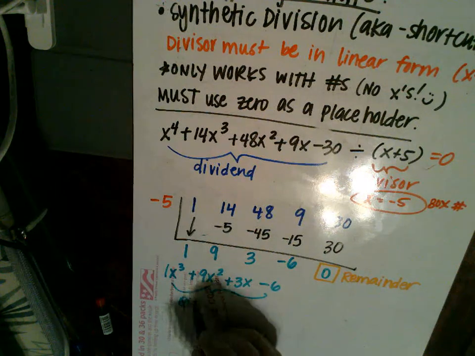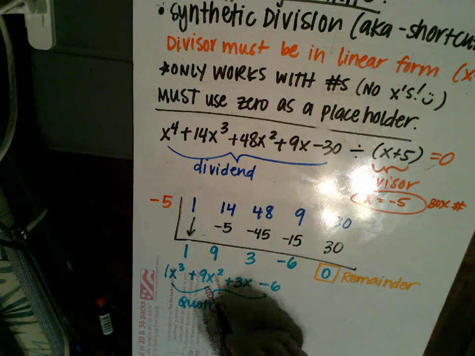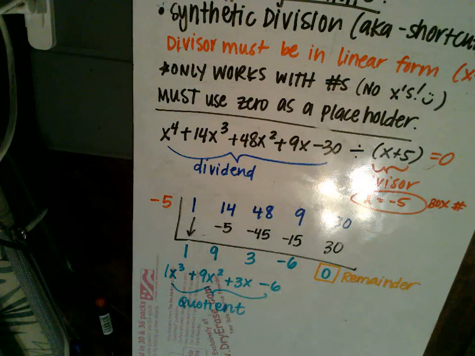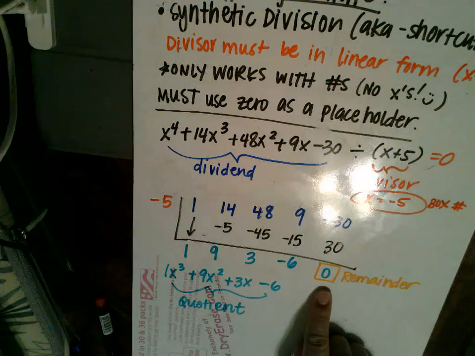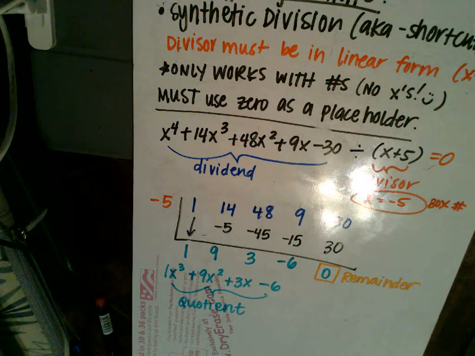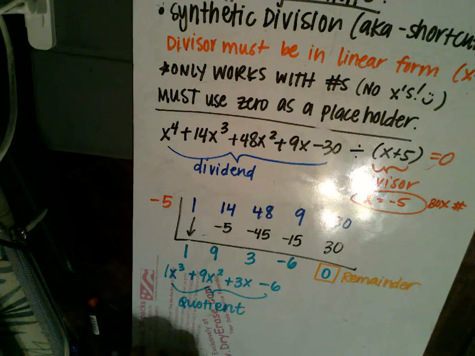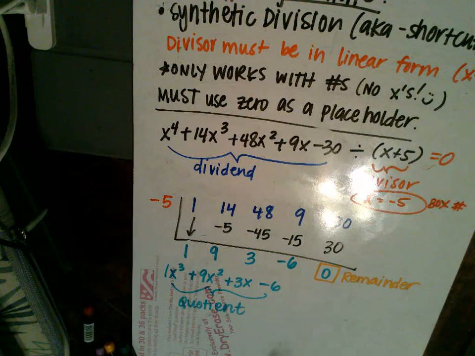This is my quotient. This is my remainder. And this does divide nicely since my remainder is 0.